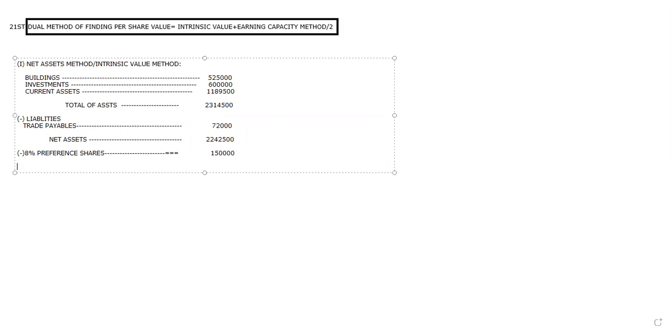So therefore, the net assets available to equity shareholders is equal to 20 lakhs 92,500. This is what is available.